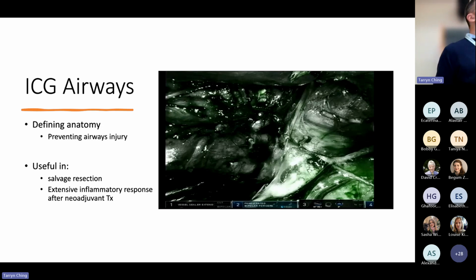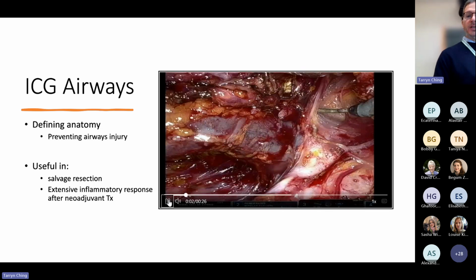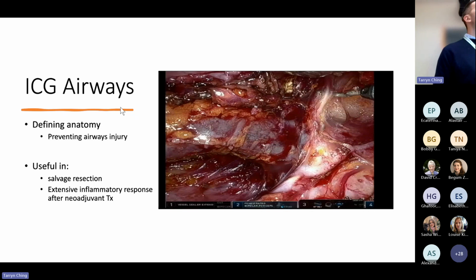I've told you airway injury is a terrible complication, although rare. By nebulizing ICG into the airways, we'll be able to identify the wall of trachea. So here you can see this is a large subcarinal lymph node.